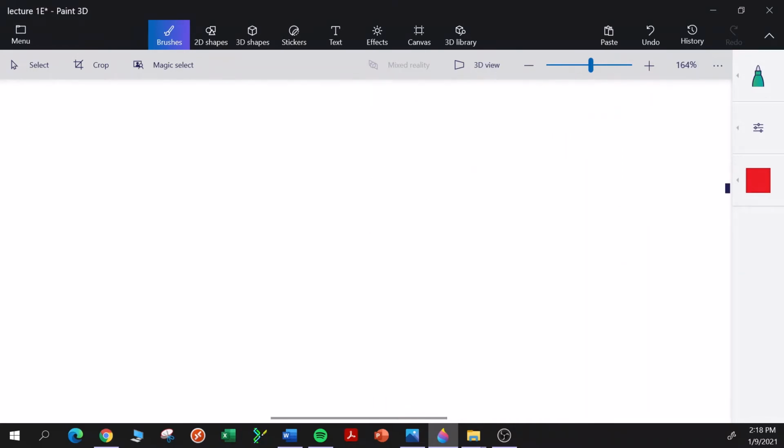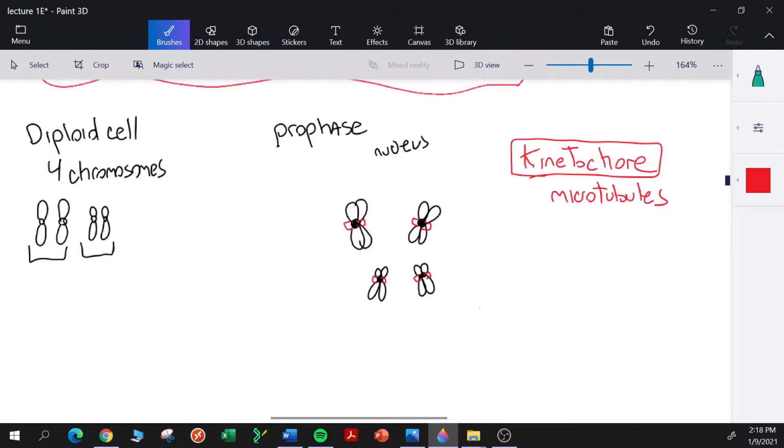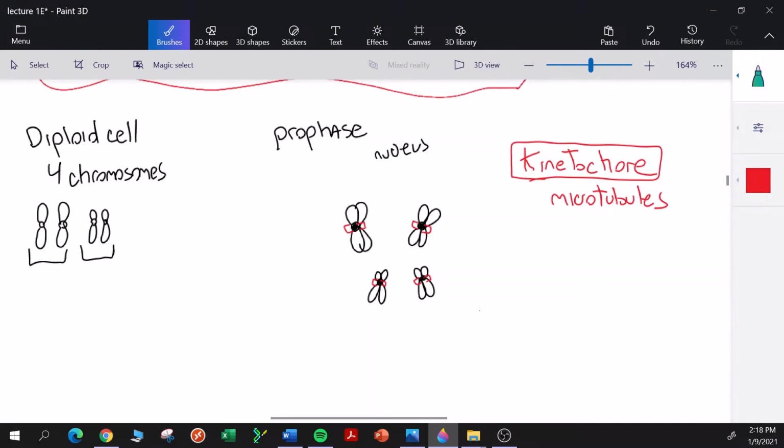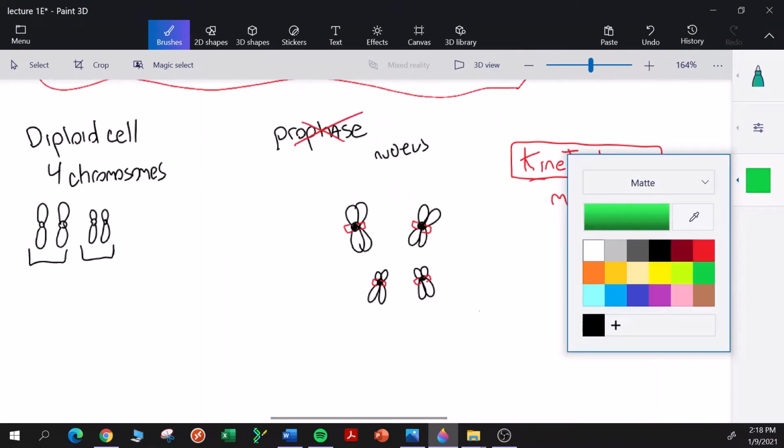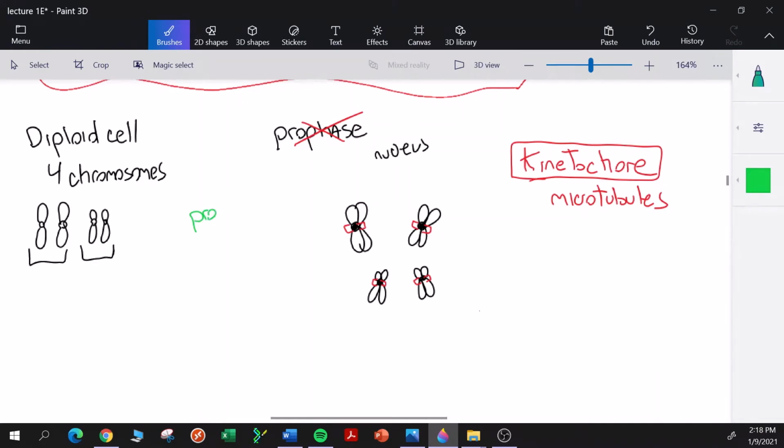Now let's take a look at prometaphase. I think I can use this same diagram here. So prometaphase, what's happening there? The mitotic spindle forms.